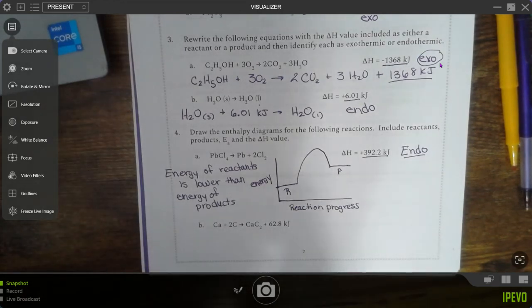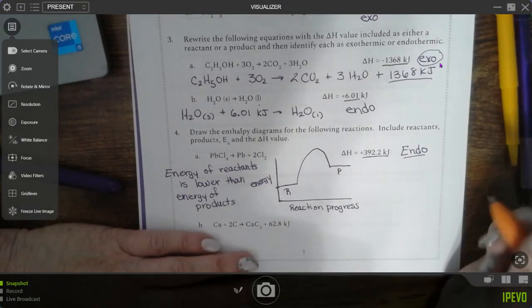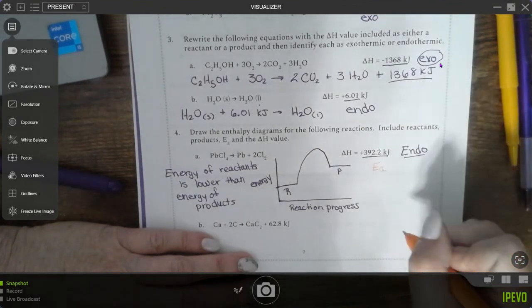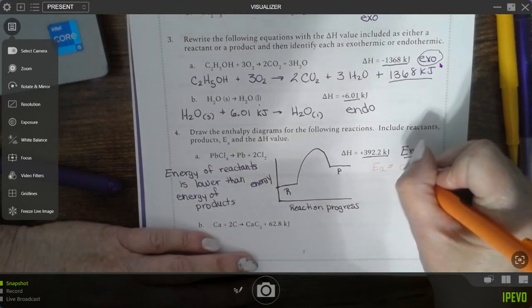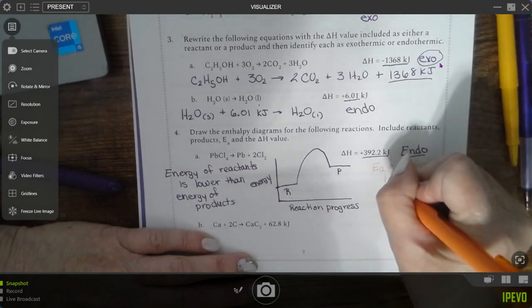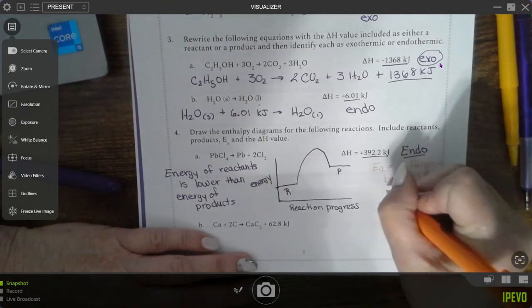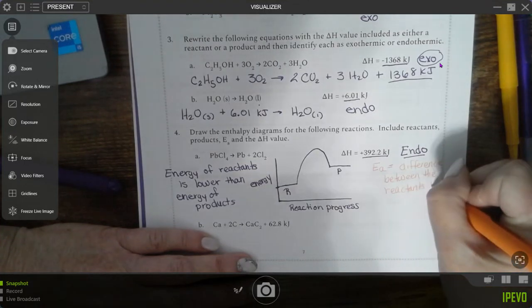Now, something else that you have to label is the activation energy. Okay, remember the activation energy we call E sub A, and the activation energy is the difference between the reactants and the peak.